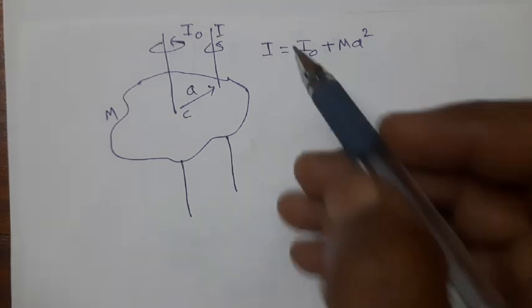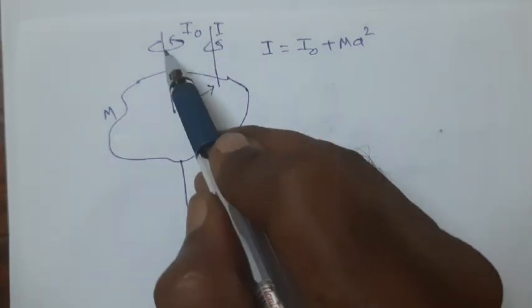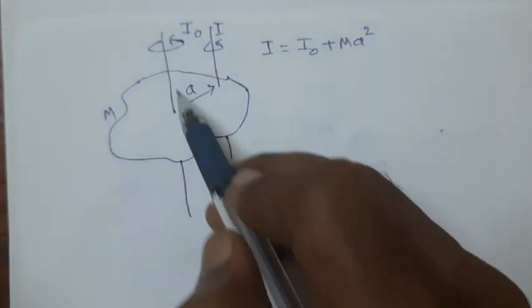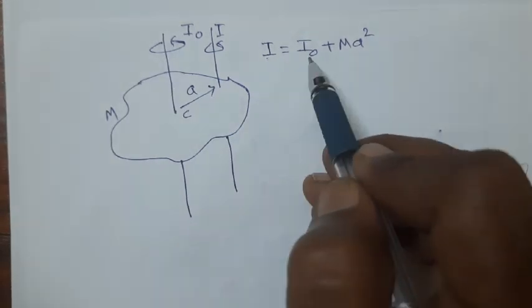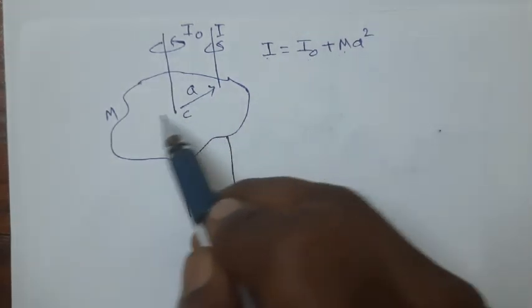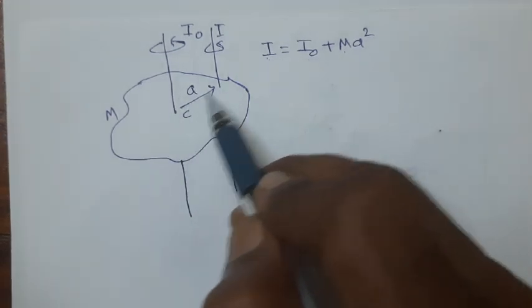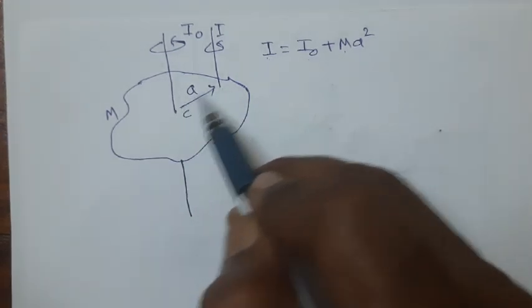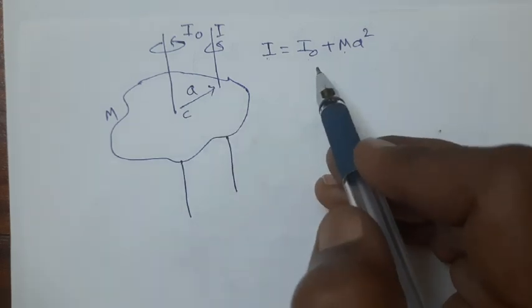Yes. And now if I am interested in moment of inertia about any axis which is parallel to this, then that moment of inertia I can be written as I0 plus m, that is total mass of that system, into a square, where a is the perpendicular distance between those two axes. This theorem is known as the parallel axis theorem.